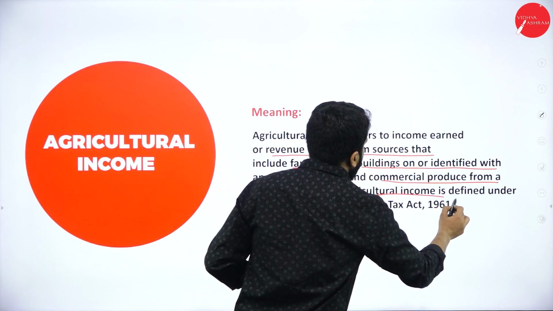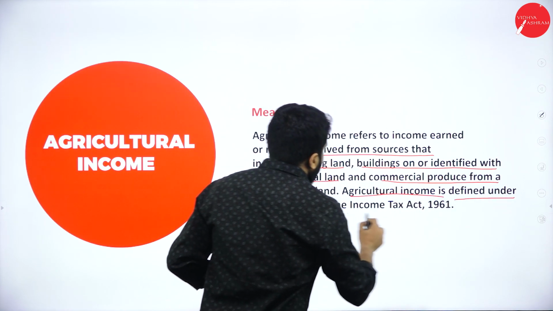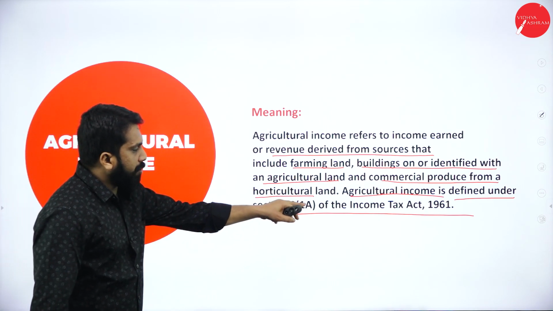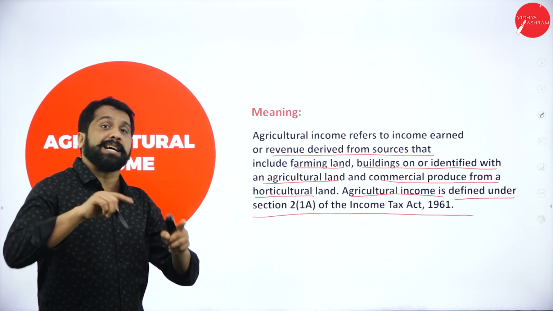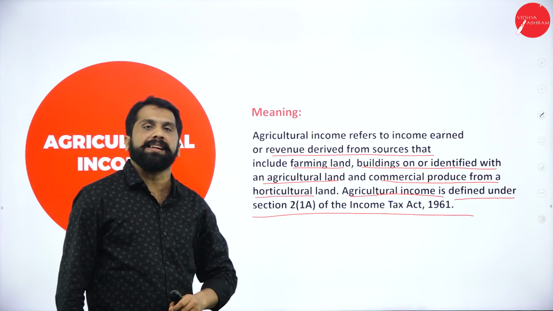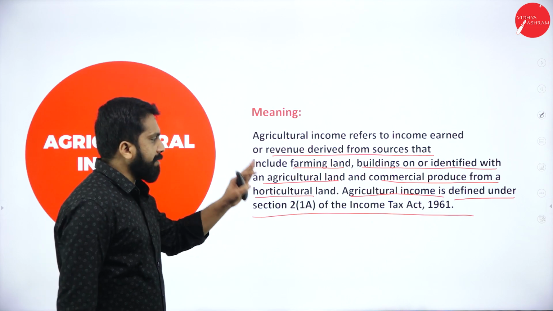Agricultural income is defined under Section 2, sub-section (1A) of the Income Tax Act 1961. Don't worry about the definition.